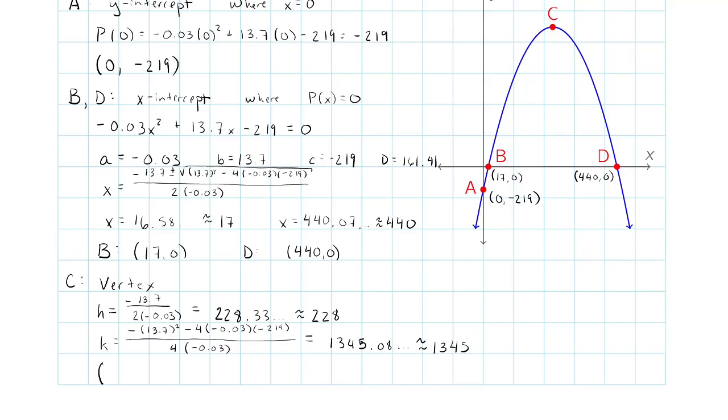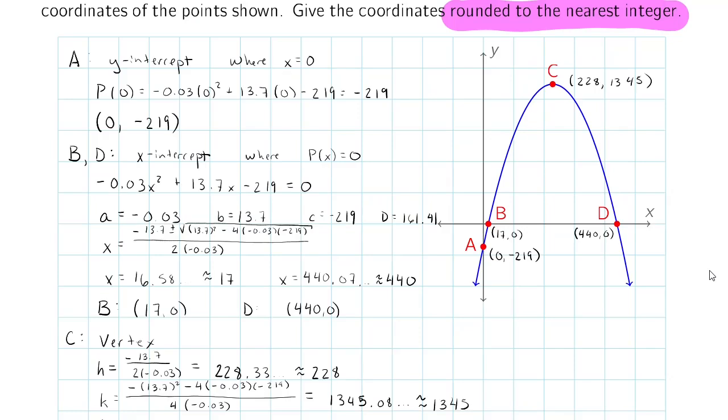So the coordinates of point C are 228, 1345, rounded to the nearest integer. We'll label that. And we've labeled our graph.